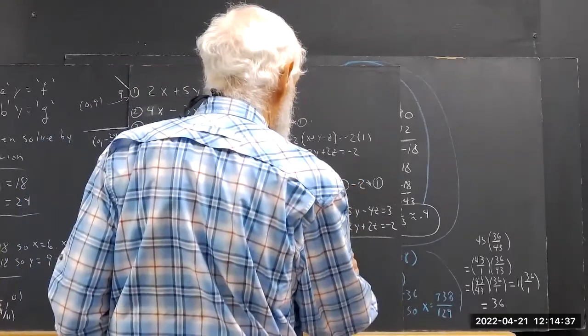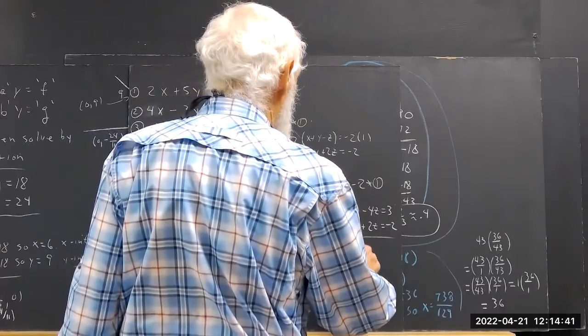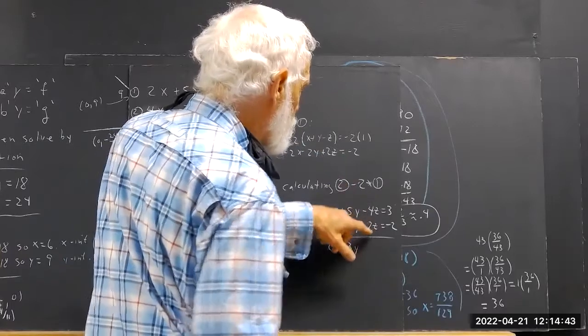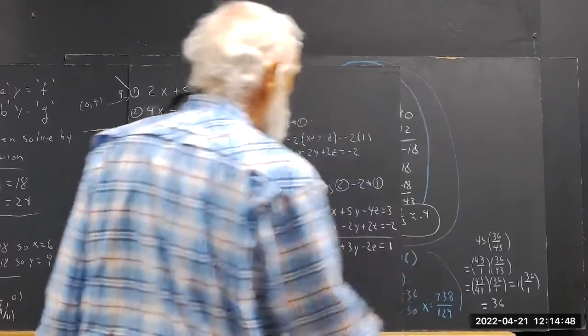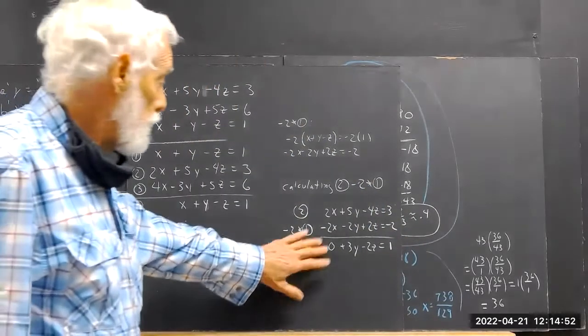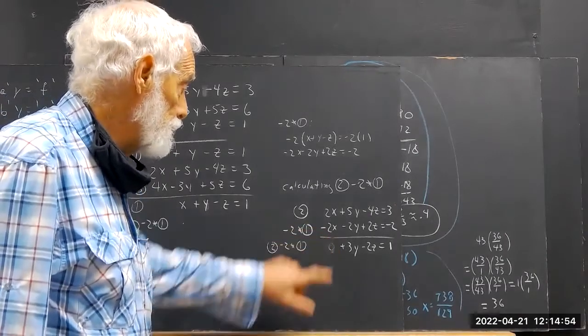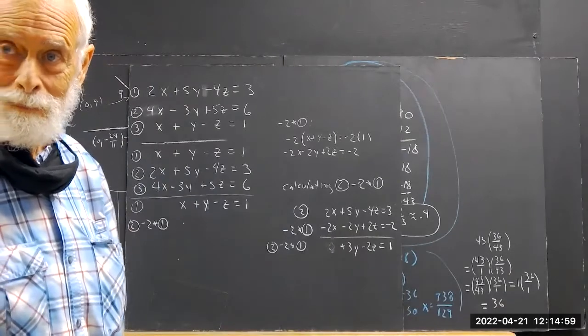-2x and -2x gives us 0. 5y and -2y gives us 3y. -4z and 2z gives us -2z. 3 and -2 gives us 1. Okay. Now we don't even really need the 0 there, so I'll kind of halfway erase it, smudge it a little bit, so you can still see it, but it doesn't really have to be there. Okay.